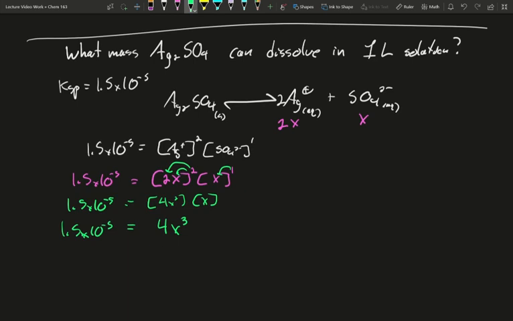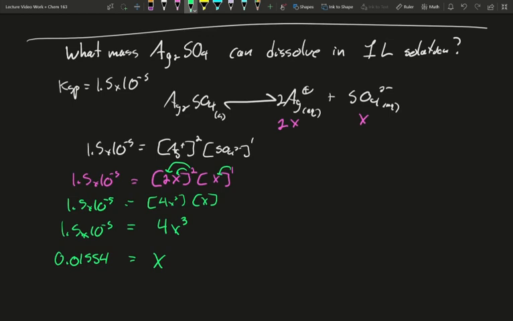We'll divide by 4 and then cube root both sides. Our x is going to equal 0.01554. So this is what x would have to equal so that x times 2x squared will come out at 1.5 times 10 to the minus 5.